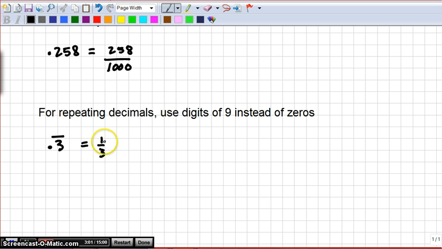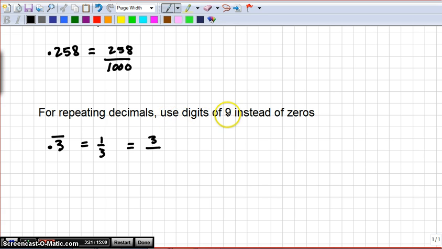But let's talk about why it's 1/3. If we use digits of 9 instead of zeros, we would use the fact that the 3 is in the tenths position, so we need one digit of 3, and therefore we would need one digit of 9 on the bottom.